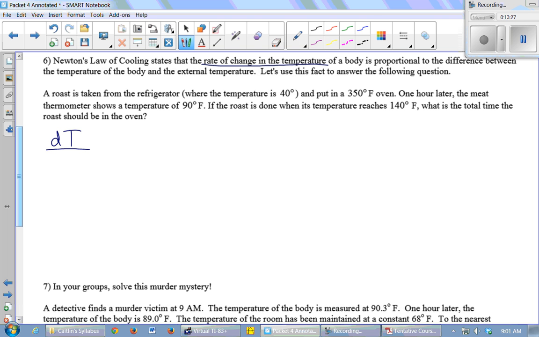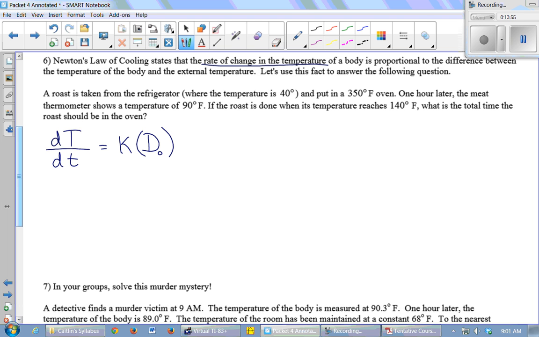The rate of change of the temperature with respect to time is proportional to, so that means it's a constant multiple of, K times the difference between the temperature of the body and its external temperature. So we'll just call this difference, maybe with a little sub-zero to mean the difference at time 0.